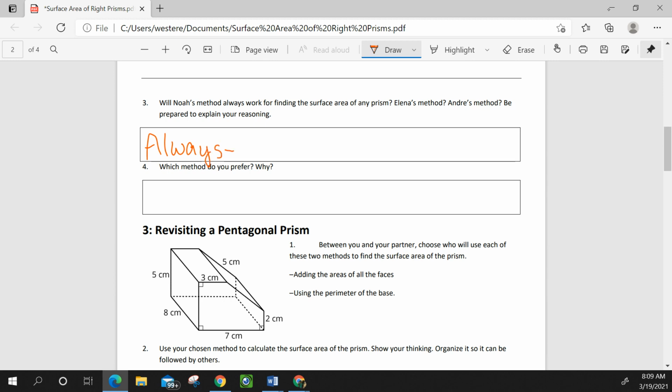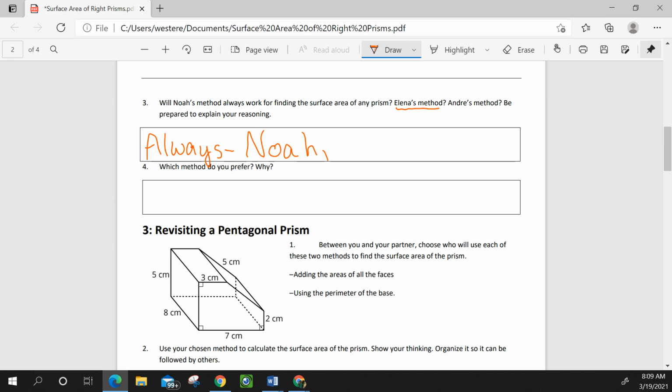Well, Noah's is foolproof. If you take the area of each face and add it together, you can always come up with the total surface area. Even though it seems like a lot of work for this one, Noah's method we're going to see will work better for prisms with a smaller amount of sides.